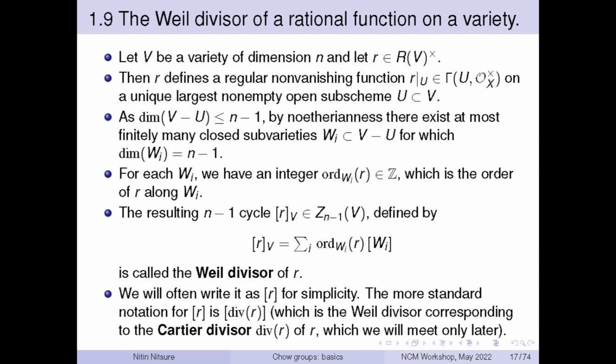In the affine situation, your variety is Spec A, and your rational function is f upon g, where f and g are non-zero elements of that domain A. So take f upon g. Where is it regular? Well, f equal to 0 is a certain locus, g equal to 0 is a certain locus. Throw them out. In the rest of the places, it's a regular, non-zero function.